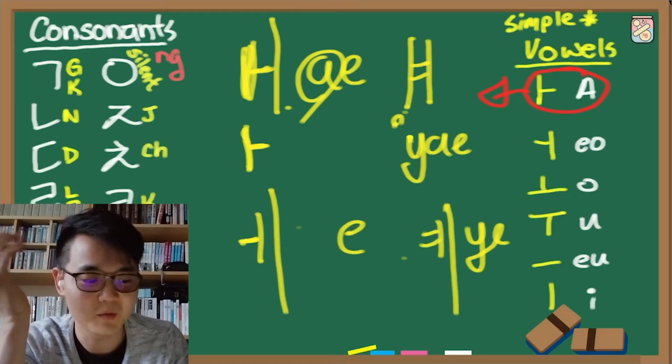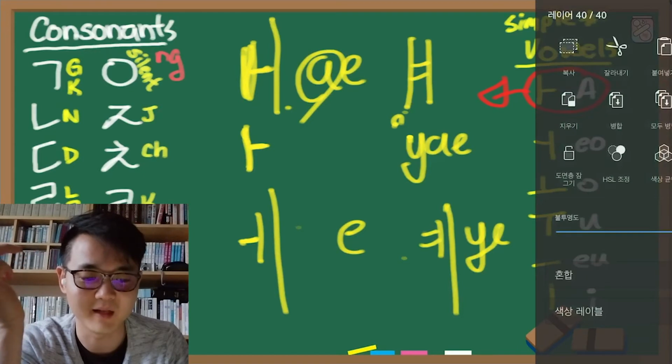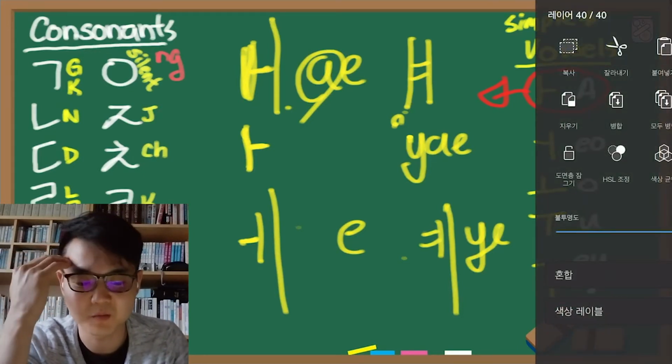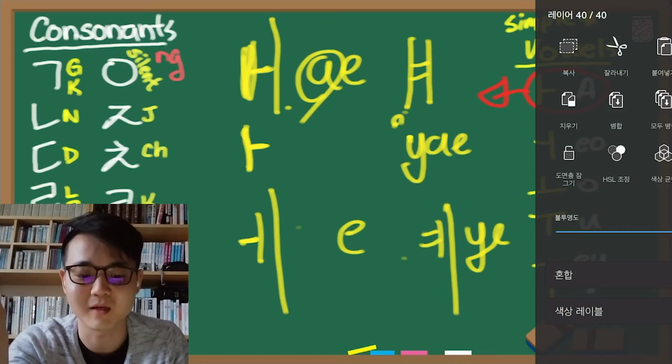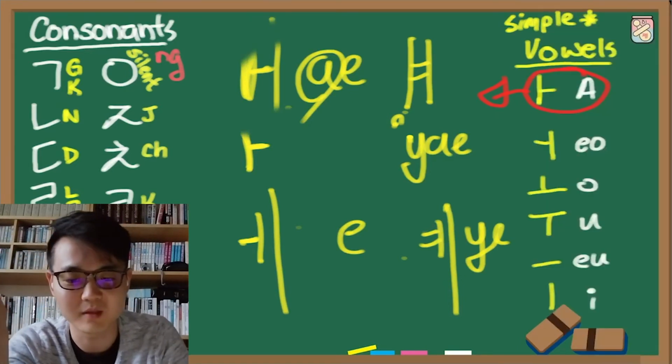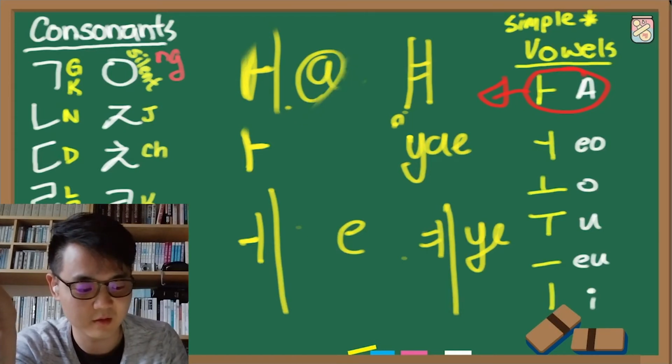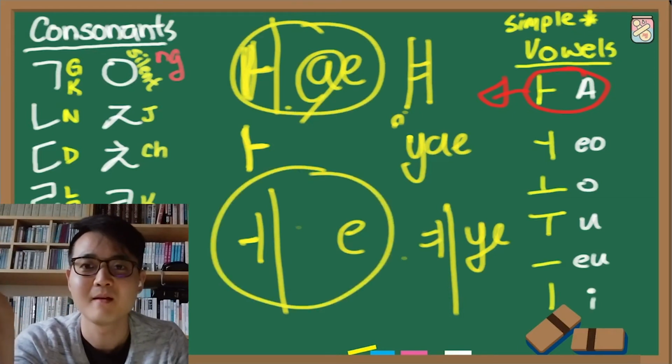So that's a simple way to remember how they are pronounced, but they don't really help you distinguish when to write this ye or when to write this ye. Unfortunately, that just comes down to repetition and recognizing what to use in each.